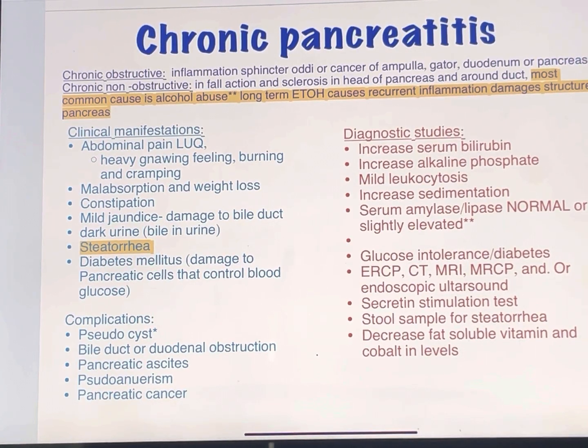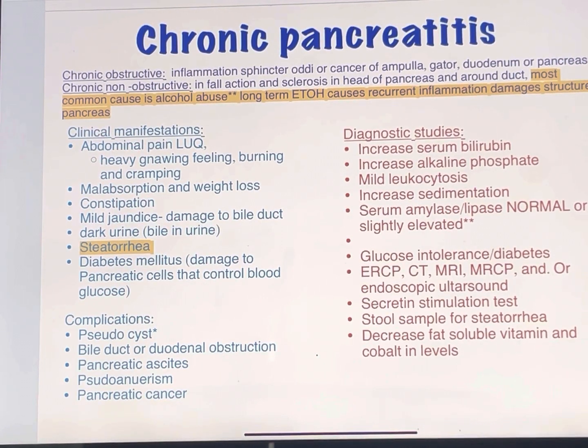You will typically see fatty diarrhea. And diabetes mellitus is also common with these patients due to the damage of those pancreatic cells that control blood glucose. Basically, the manifestations are similar but more severe, and due to the fact that the structure has completely changed, there may also be pseudocysts visible within the pancreas.